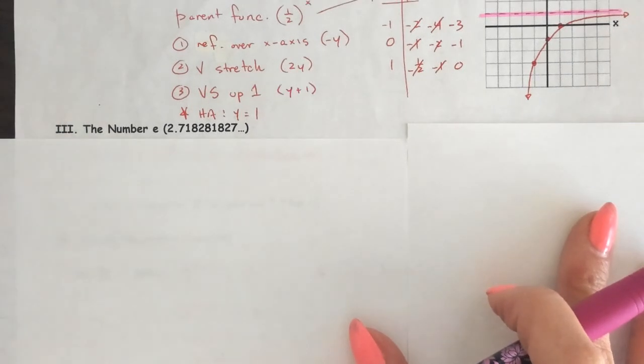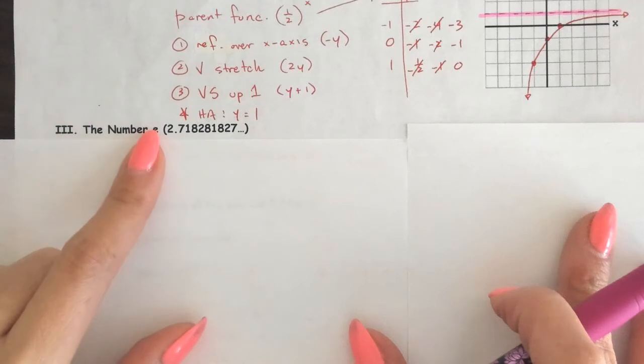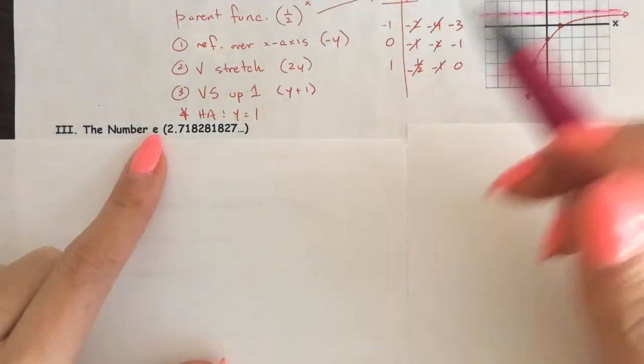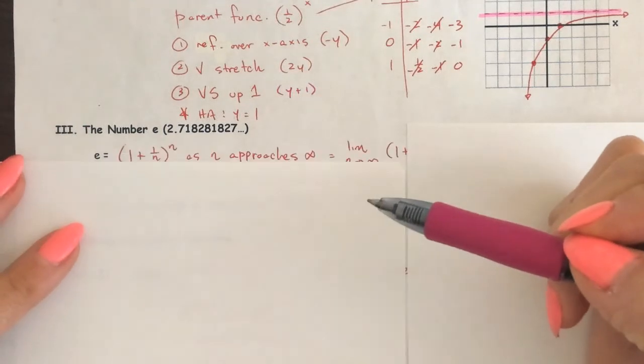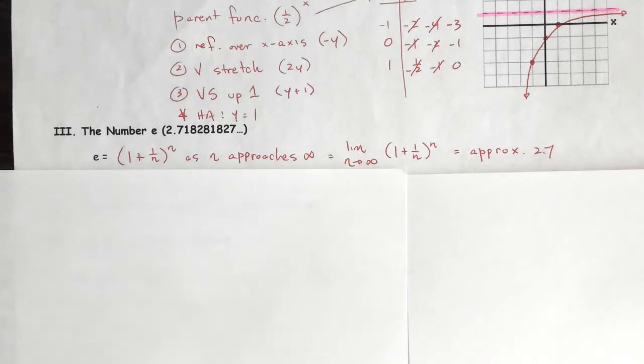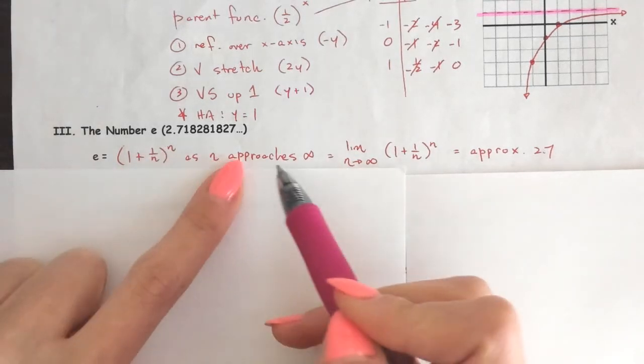Okay, so the last part of this has to do with the number e. So e is a number, just like pi is a number. It's very important, especially when you get to calculus, but also in algebra 2. Remember you had all those compounding things? So that has to do with e, like continuously compounding, a lot of money stuff. This is technically how you would find e. So e equals this as n approaches infinity.